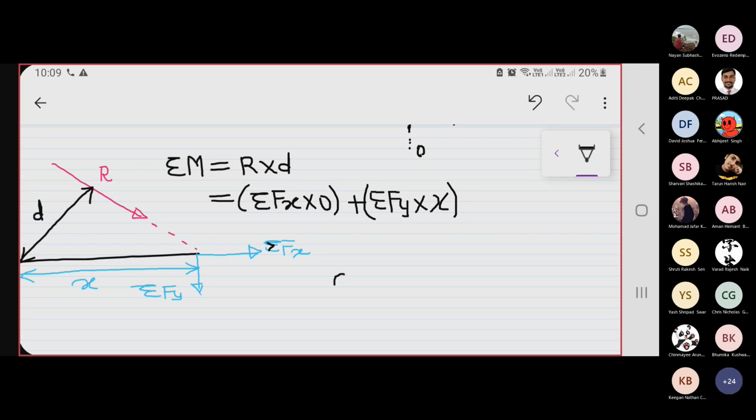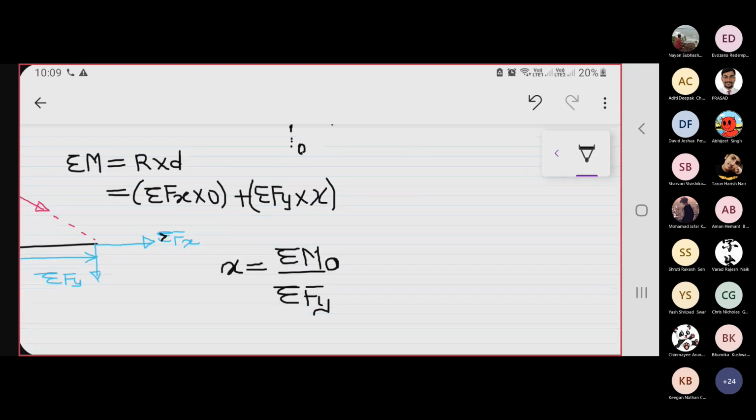So what is x? x is equal to summation of moment about point O divided by summation of forces in y direction.